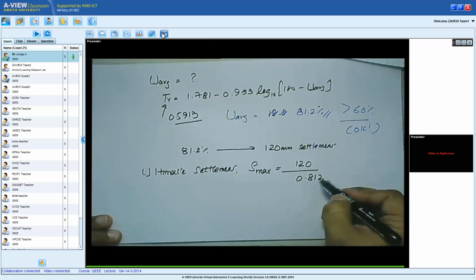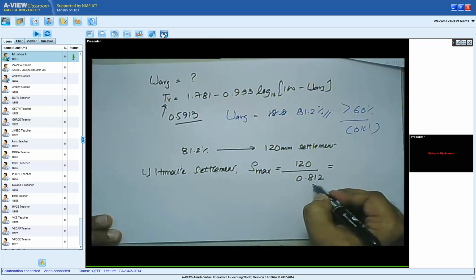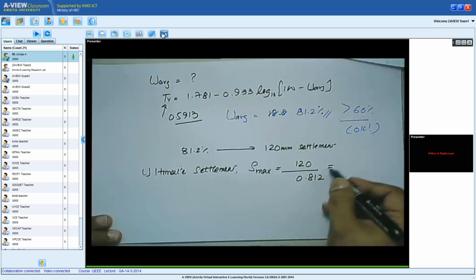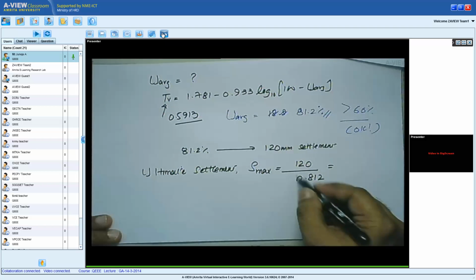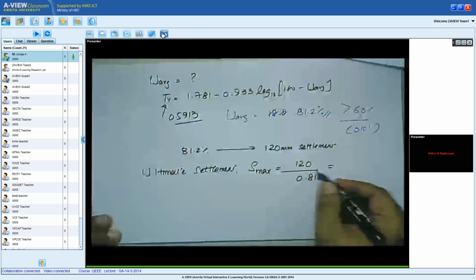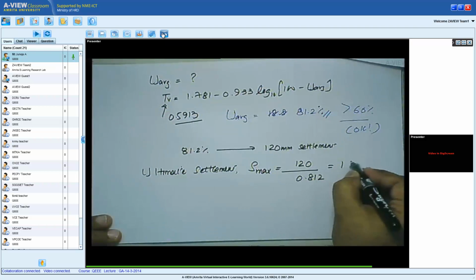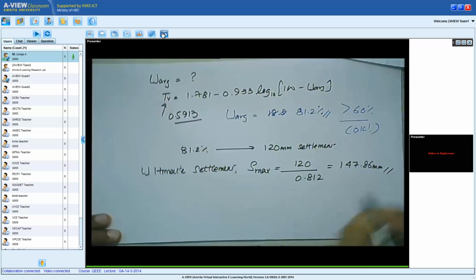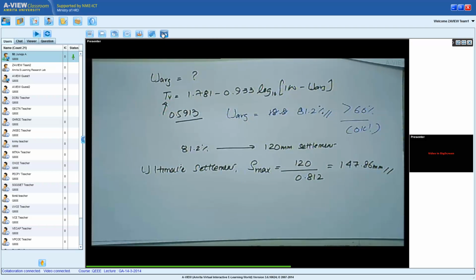Remember, 81.2% corresponds to 120 millimeter. So 100% would correspond to 120 divided by 81.2 times 100. So this should give you this number over here. If I plug in my numbers, I get 147.86 millimeters. Okay, that gives us the first one, ultimate settlement.